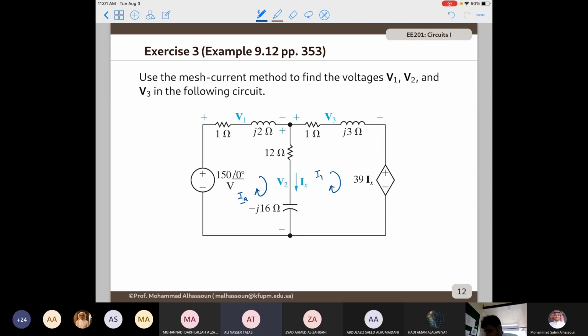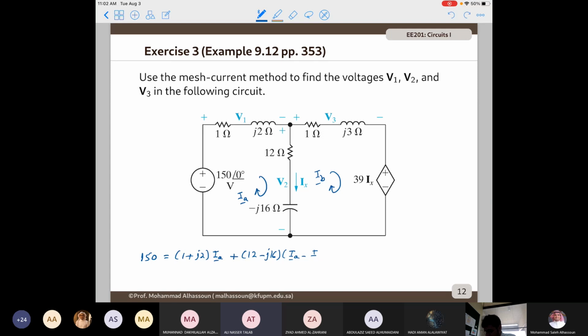So it's going to be 150, 1 plus j2 IA, plus 12 minus j16 multiplied by I1 minus IA minus IB.